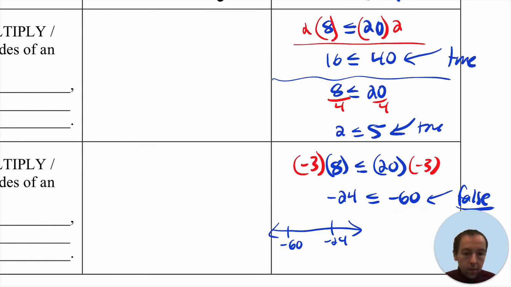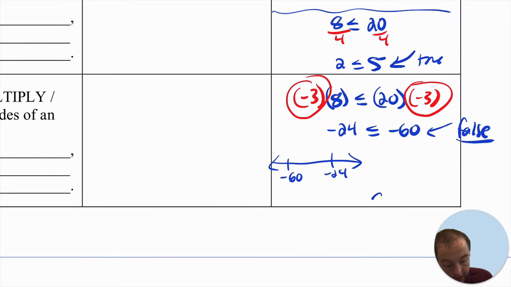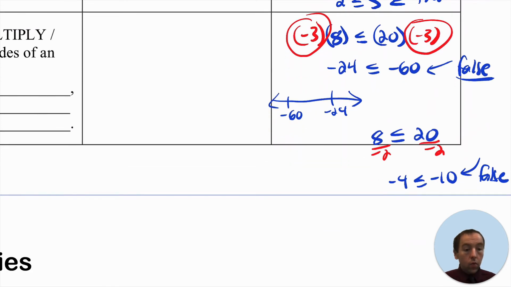That's a wrong statement. The same thing would be true if you divided by a negative. If we divided by -2, you'd end up with -4 is less than or equal to -10, but that is also false, because -10 is actually smaller than -4.